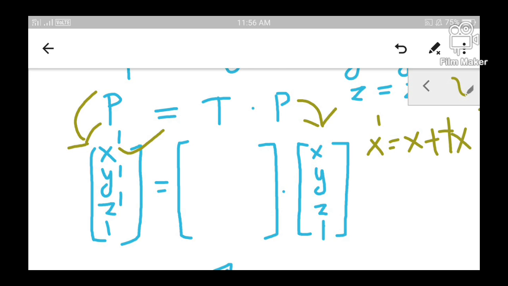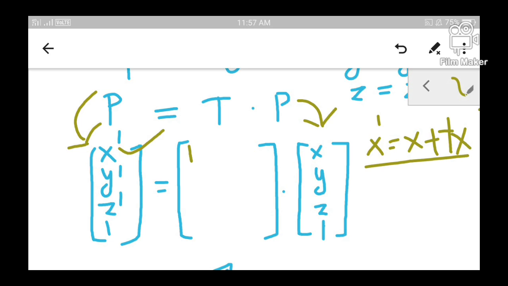To get x dash we have to add 2 values, x and tx, which means x should be multiplied by 1. So I am writing 1 here.